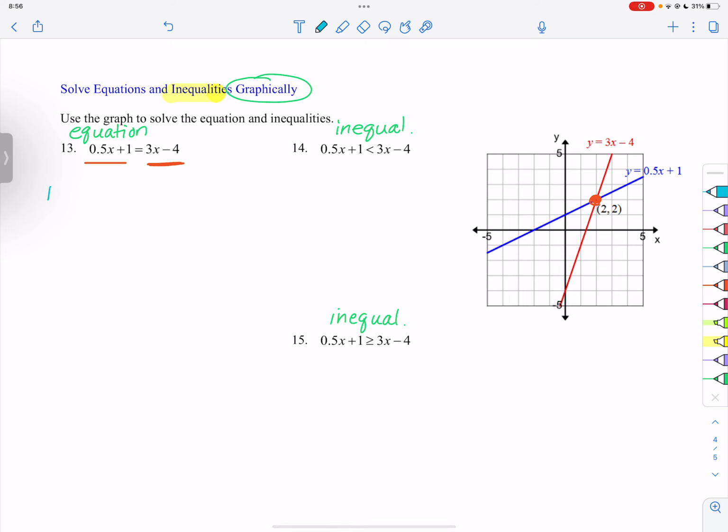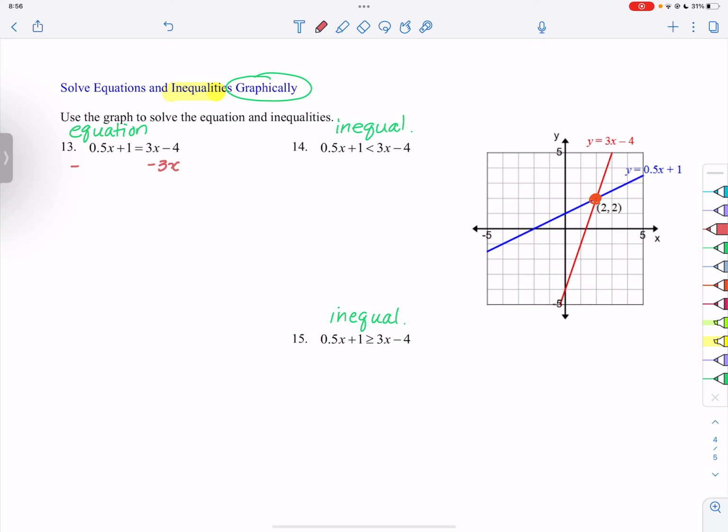The first thing we're going to do is go ahead and subtract 3x from both sides. And you can clear these decimals if you want, or you don't have to. So let's subtract 3x from both sides. And 0.5 minus 3x is going to be a negative 2.5x.